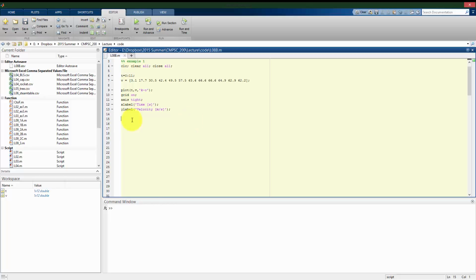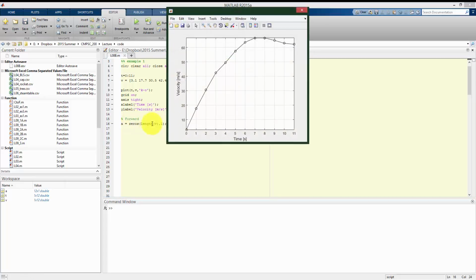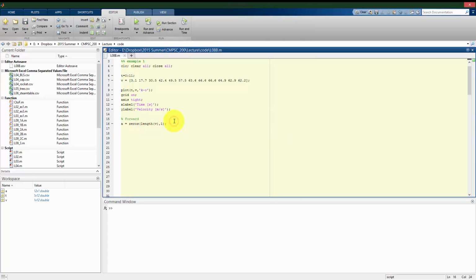So I'm going to start by looking at the forward differentiation. I'll call my derivative dy, and I will pre-allocate it here, and it's going to be the same length as v. I guess I'll call it a since it's acceleration. All right, so I know I'll have 12 values at each of the 12 times that I've sampled.